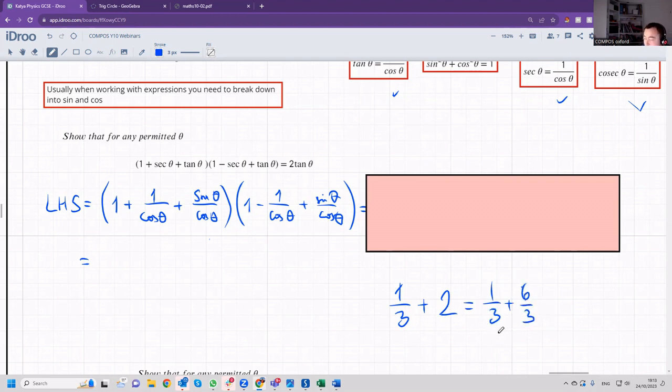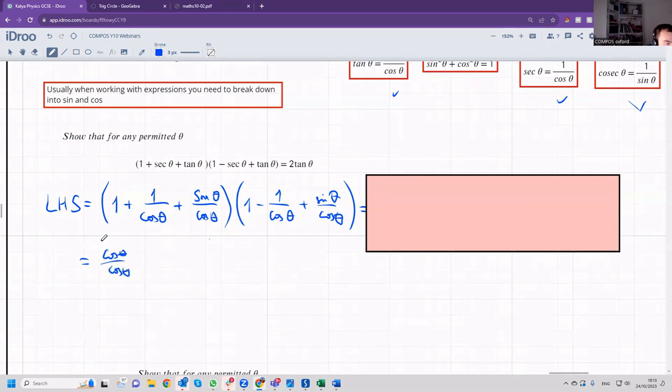And now I can add. That's what I do with fractions. So the common denominator is cos theta. So I can write cos theta over cos theta, this is 1, plus 1 over cos theta plus sine theta over cos theta.